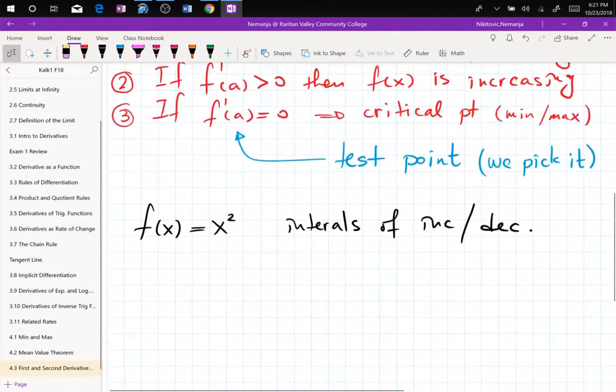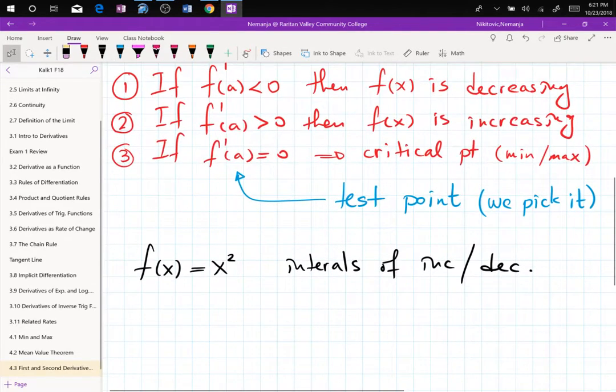Let's do this. So clearly, I need the derivative. What's the derivative of x squared? Now we need to set that equal to 0 and obtain x equals 0.